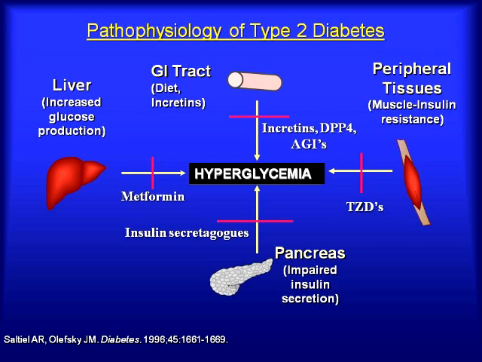Patients that come in on 2, sometimes 3 sulfonylureas, when 1 is going to look after the job quite nicely. If it's not looking after it, then you add in a different class of agent, be it the metformin at the level of the liver, add in a TZD, or add in one of these medications up here that I still have yet to comment on. So in terms of the approach, physiologically, when you're adding another drug, think of what you're adding and why you're adding it, and you won't go wrong.